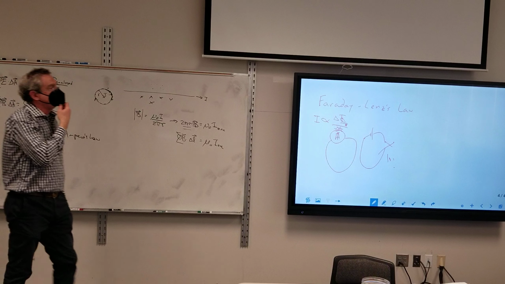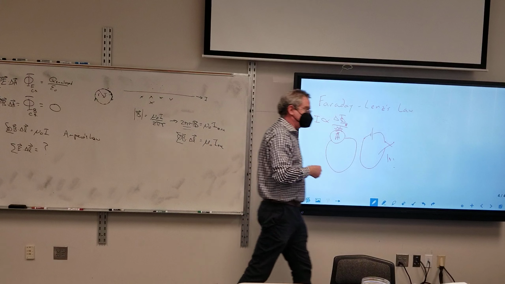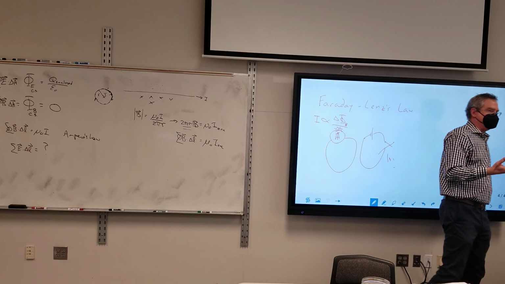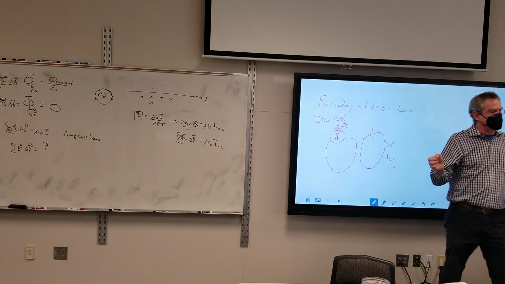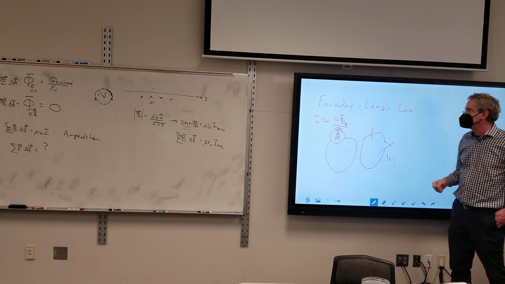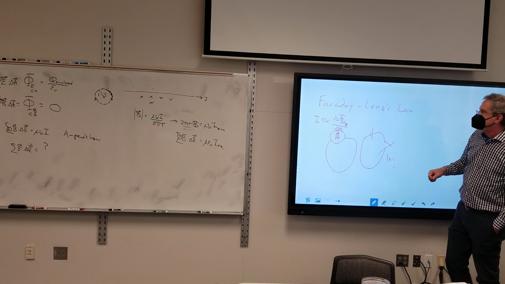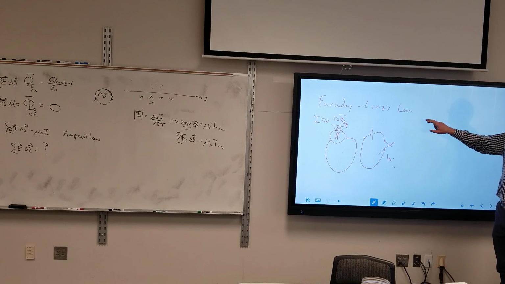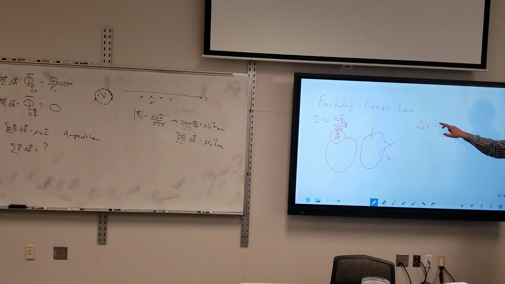If I have a current flowing here, that means I've got a potential difference. Current requires a potential difference in order for charges to flow. And if we just crudely look at the stuff from the capacitors, the potential difference is equal to the electric field times the distance.